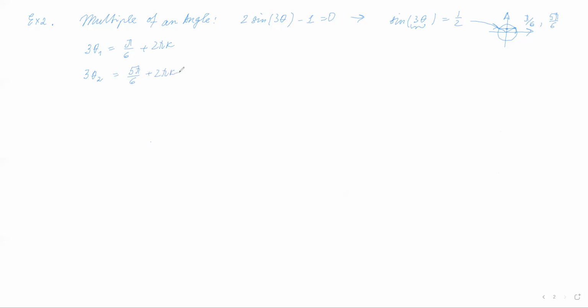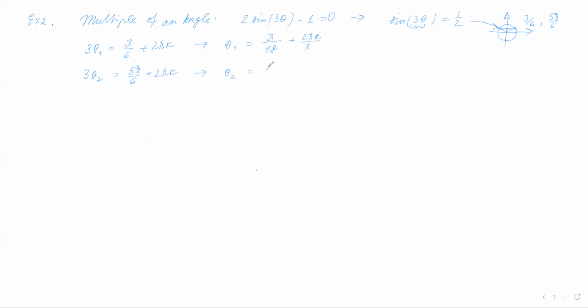Well, because we are not searching for 3 theta, but for theta, I'm going to divide everything by 3. So my first equation is going to be theta 1 equals, if I divide pi over 6 by 3, I'm going to have pi over 18, plus 2 pi k over 3, right? I cannot cancel anything here, so I'm going to keep it as it is.